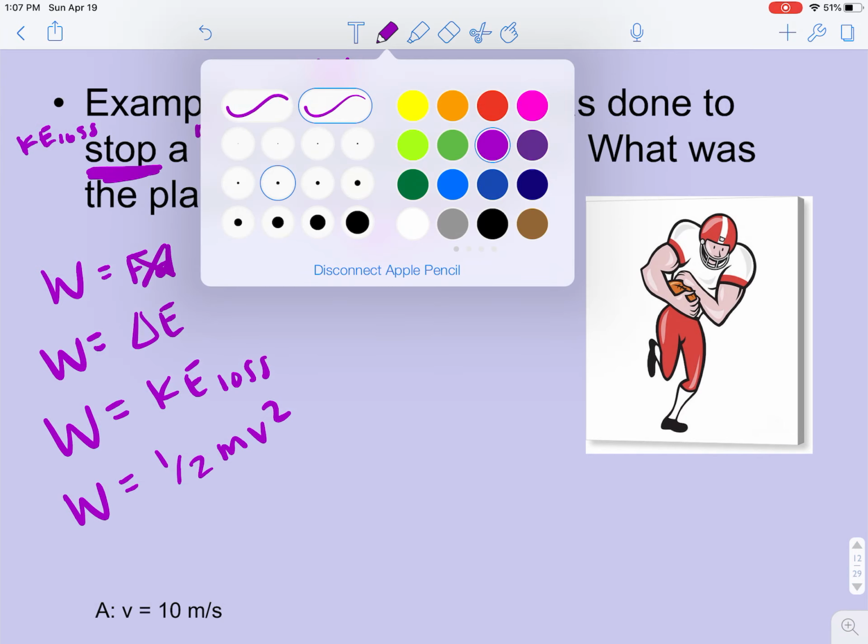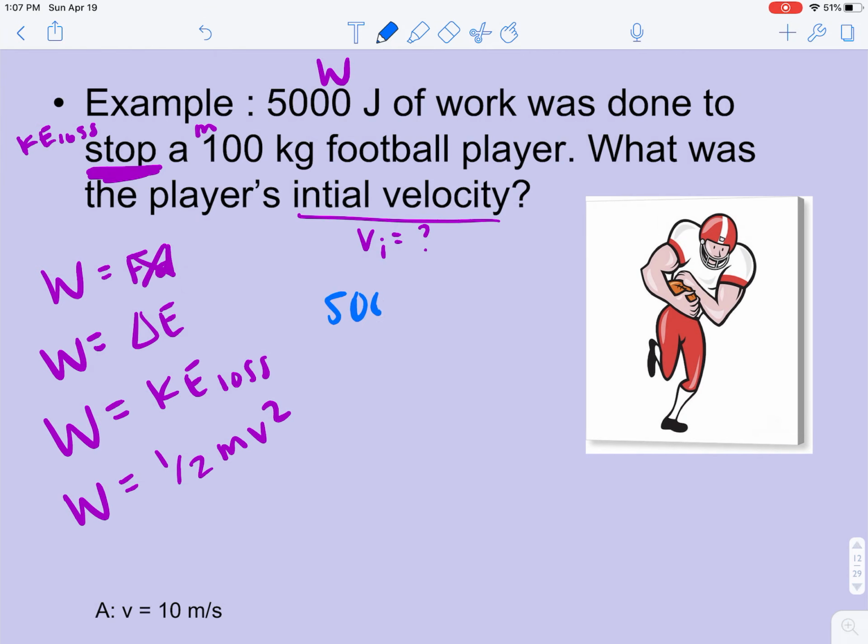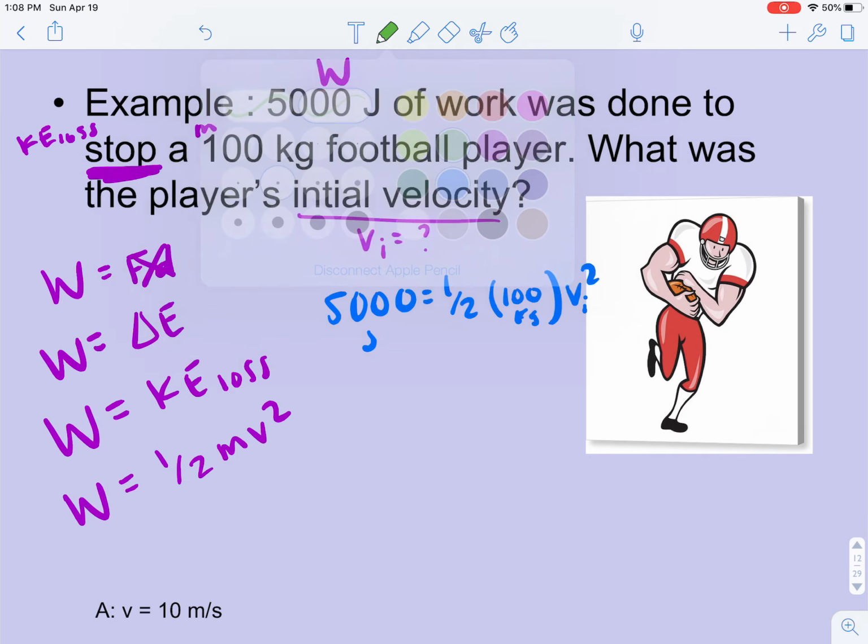So now I have an equation with everything that I have and what I'm looking for to solve. So work, I'm going to start filling it in with numbers right here, is 5,000 joules equals 1/2 times the player's mass times that initial velocity squared. I'm going to do some rearranging, so I will multiply both sides by 2 to cancel out the 1/2.